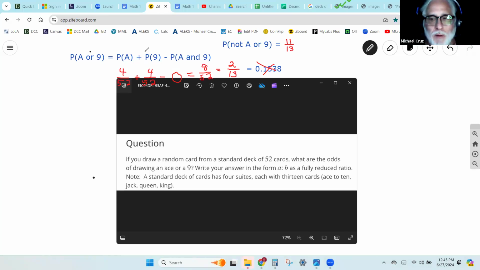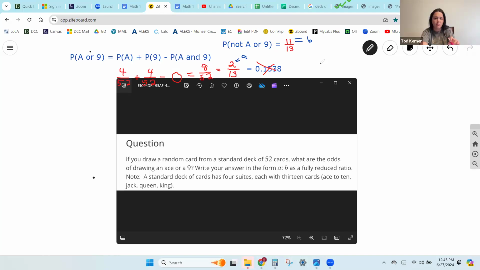All right. Now, this part right here, the probability of success of getting that is our A. And this right here is our B. So now it wants us to have what? Odds of drawing.